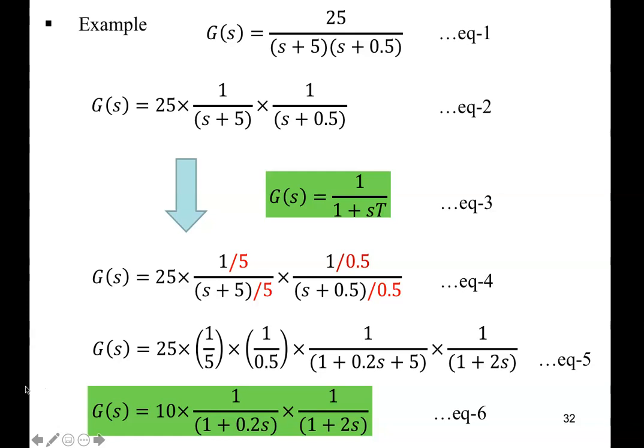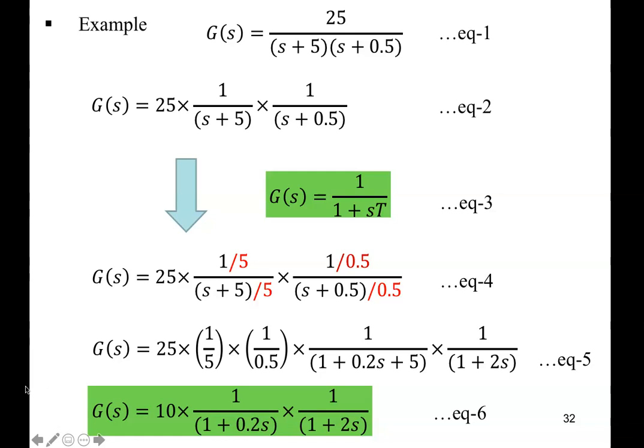A second order system can be broken into two standard first order systems when you have two real poles. The best approach is to treat them as two first order systems here, because they can be clearly separated.